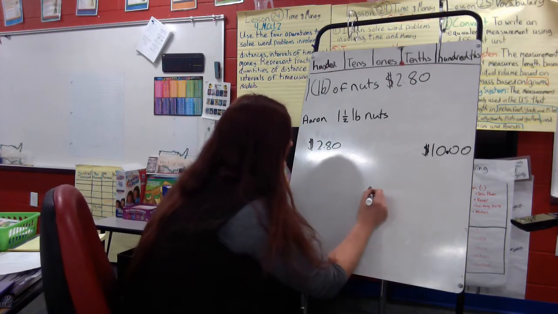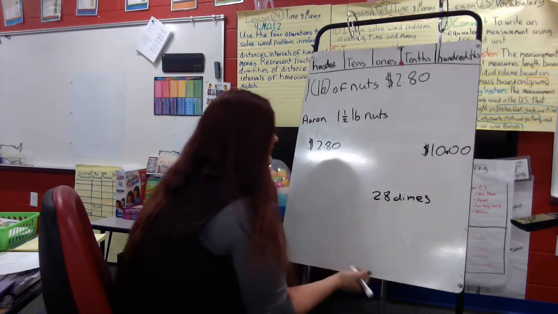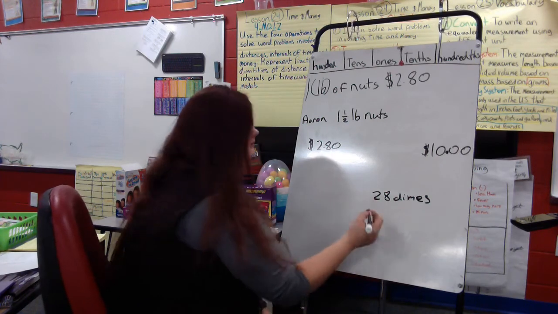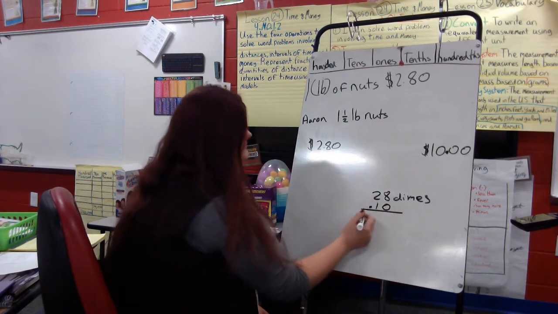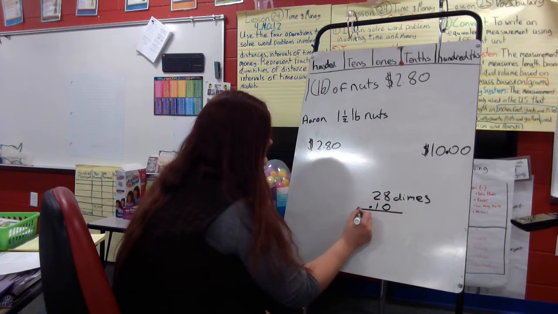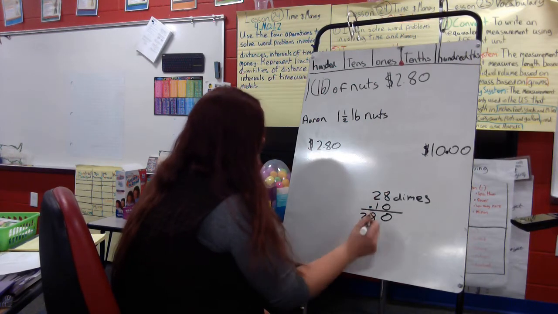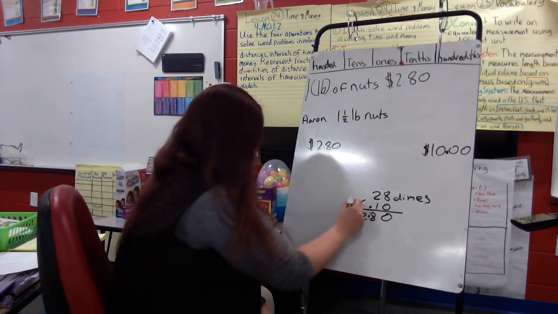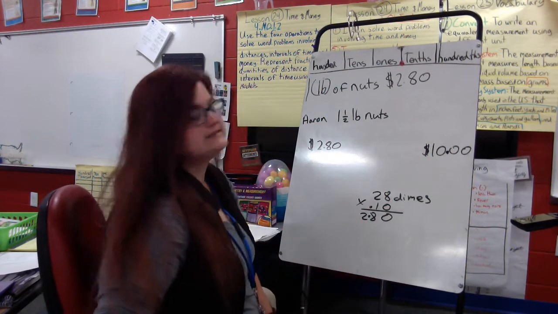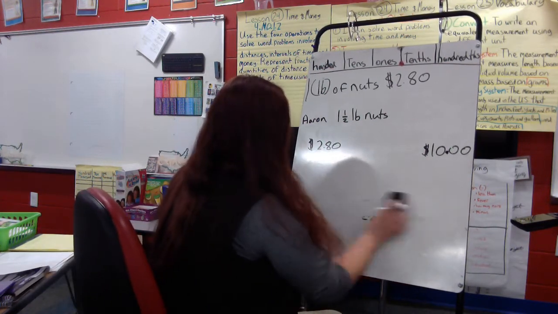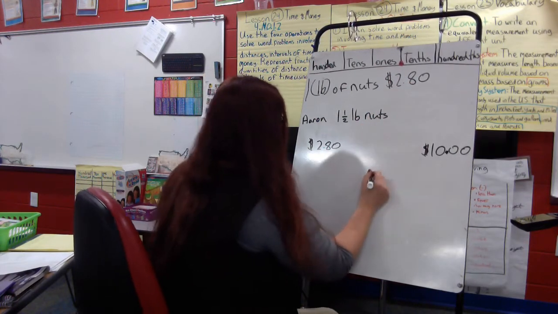If I had 28 dimes, each dime is worth what? 10 cents. 10 times 28. Well, 28 times 1 is 28, and we have 1 0. We bring that decimal point down. $2.80. So just to make this slightly easier to look at, I'm going to take that $2.80 and I'm going to say I have 28 dimes.